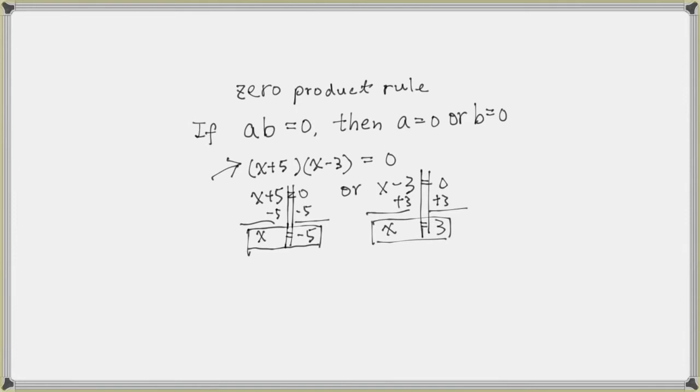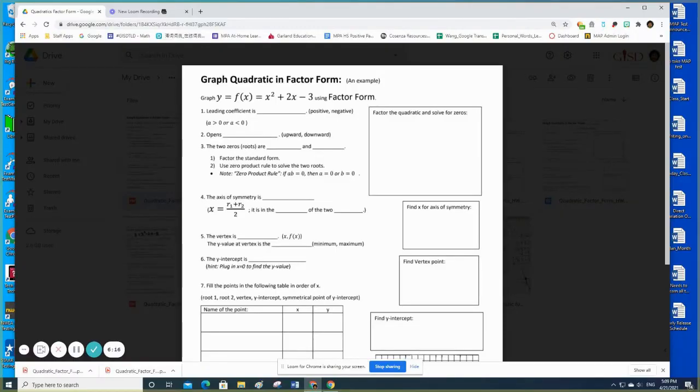Now let's go back to our document. Earlier we were saying x squared plus 2x minus 3 factors to be x plus 3 times x minus 1. And we are setting this to 0. So it's either x plus 3 is 0 or x minus 1 is 0.